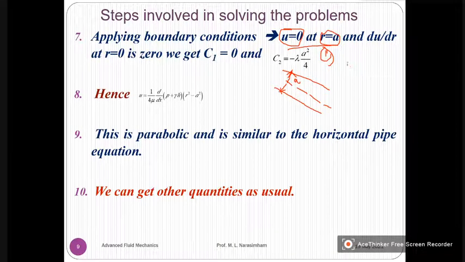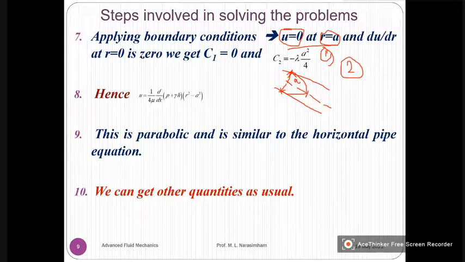Now, what is the second boundary condition? We don't have a second boundary condition; we have only one. But we can use common sense: when the velocity is 0 here and here, at r equal to 0 naturally the velocity will be maximum.